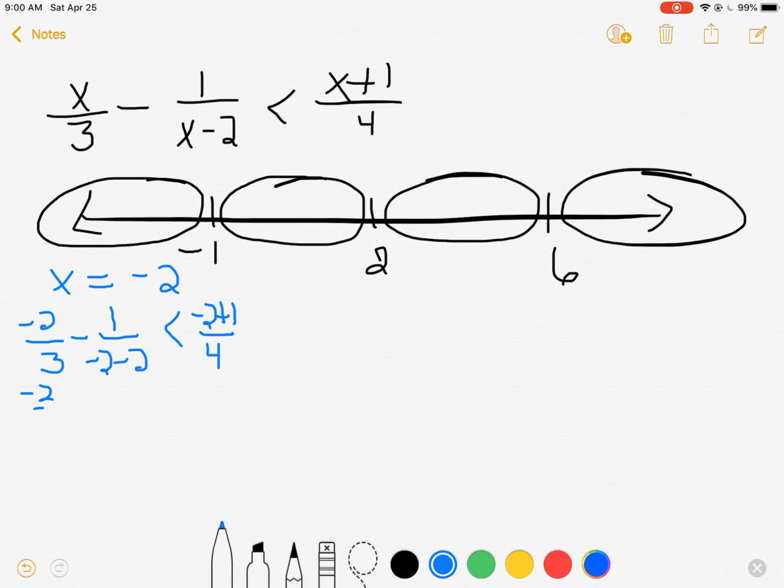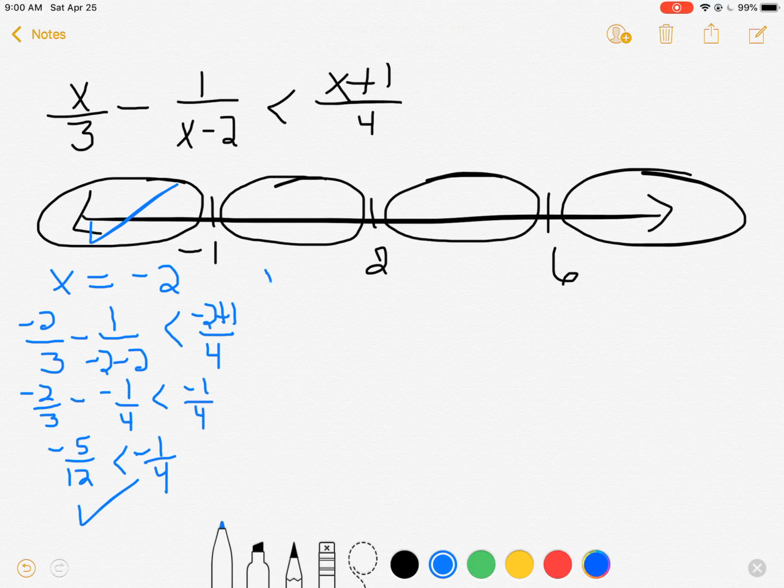So is negative 2/3 minus a negative 1/4 less than negative 1/4? And I get here negative 5/12. Is that less than negative 1/4, which is negative 3/12? And it is. So that section checks.